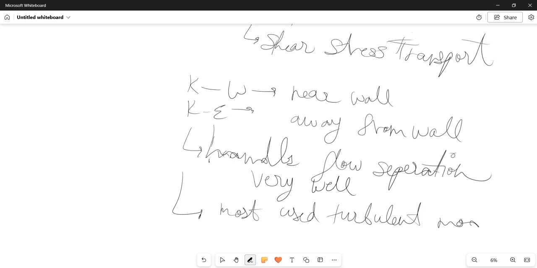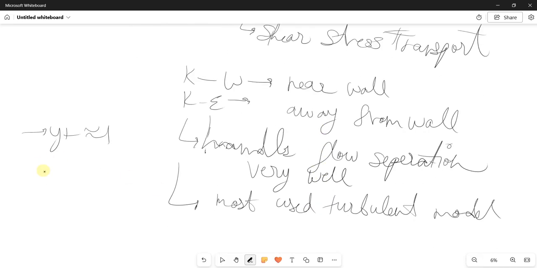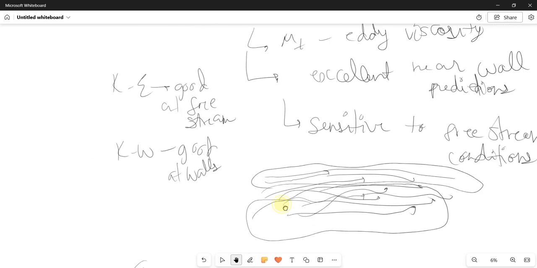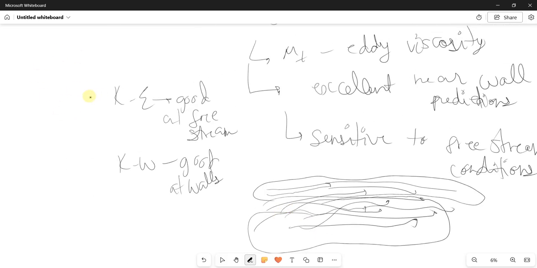Here you usually require y plus around 1. You can even go greater, up to a y plus of 30 to 300, but you generally go for the lower one because you have an SST omega model here. Just going back, for K omega you need y plus from 30 to 300.